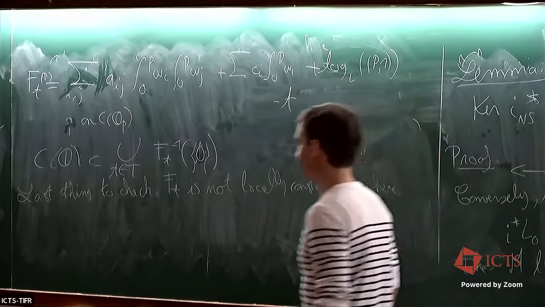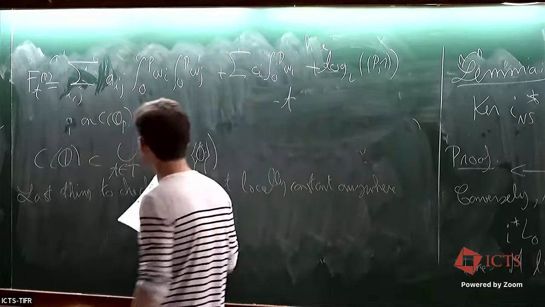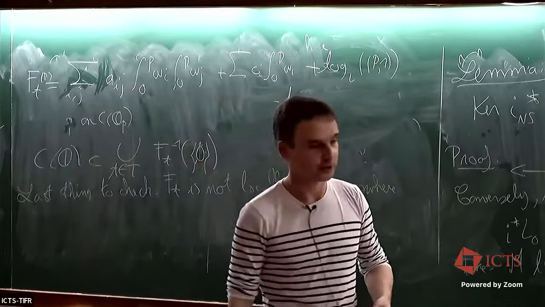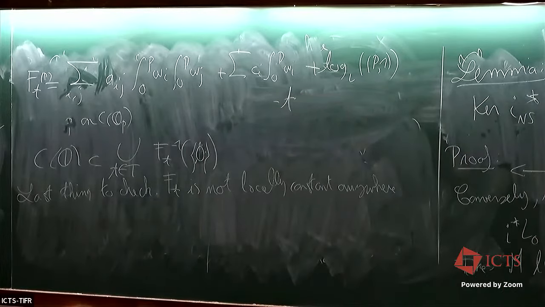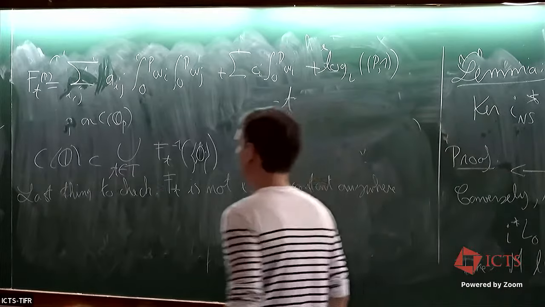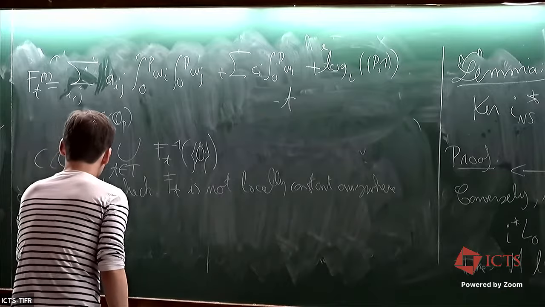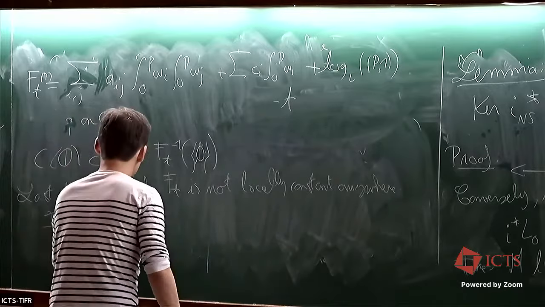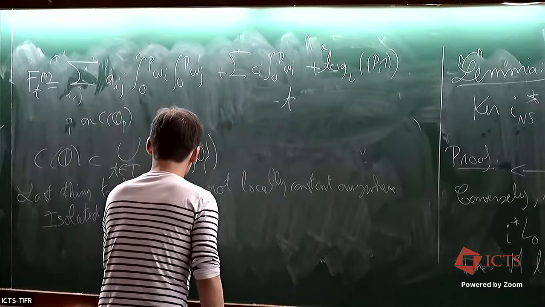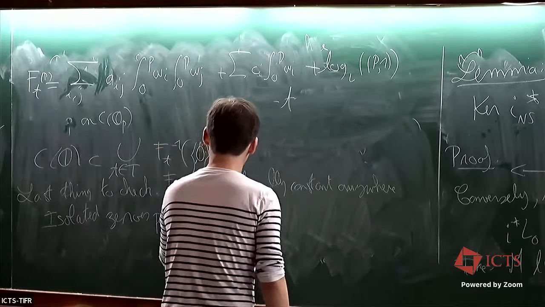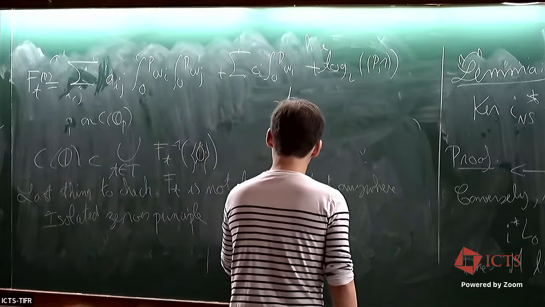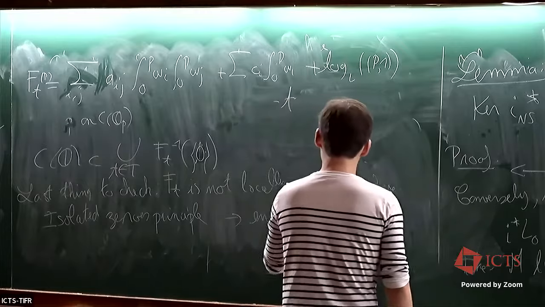Why? First, given how it's built, it's iterated integrals. So it's what I called yesterday Vologodsky functions. And there is an isolated zeros principle there. Because of this, it's enough to check that Ft is not constant.